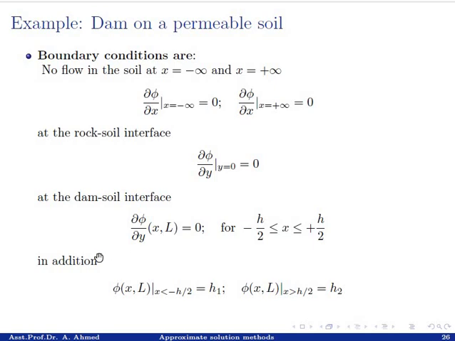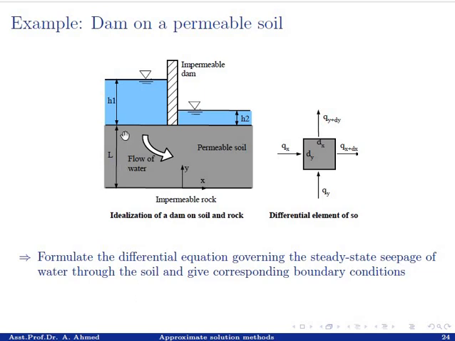In addition to this, the total potential at y equals L, in this region and in this region. So in this region the total potential must be equal to H1, and in this region the total potential must be equal to H2.